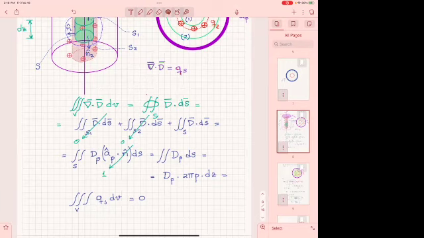Now, this one, of course, is not 0 because we have the rho direction. And then the D rho, which is along the rho direction, has to be integrated on this surface S. All right, and you see here, it's the inner product between 2 vectors. The vectors are along the same direction. So the inner product of the 2 unit vectors is 1. Remember that? One of the fundamental properties of unit vectors is that the inner product of a unit vector with itself is 1.